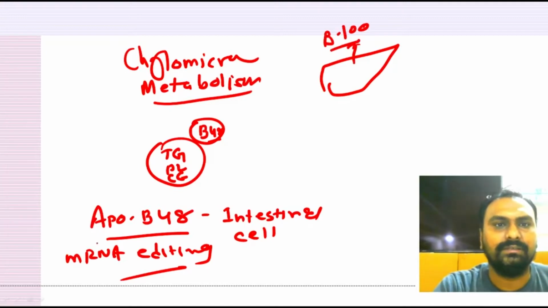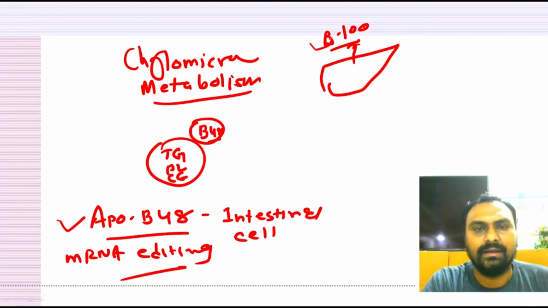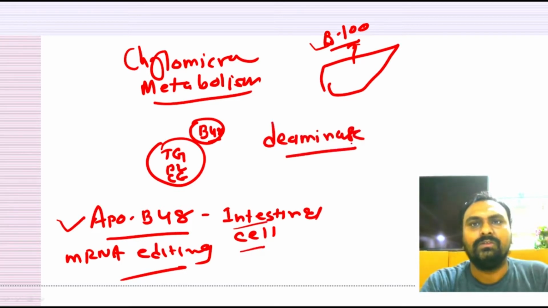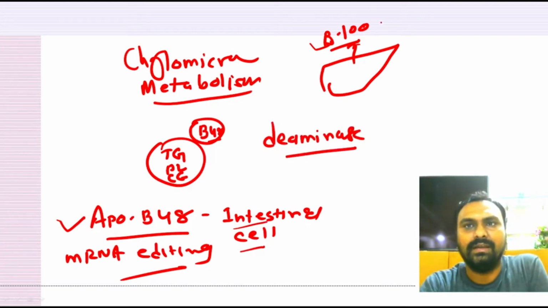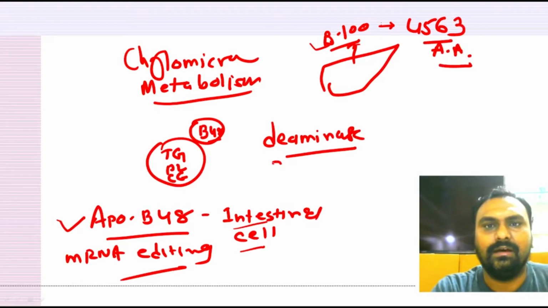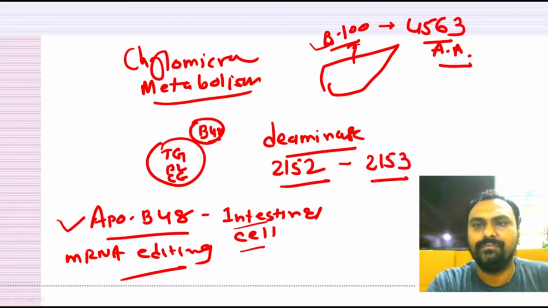The gene for the synthesis of ApoB48 is the same as ApoB100. But what happens in the intestine? There is a deaminase enzyme. This ApoB100 is made up of 4563 amino acids. In the intestine, up to 2152 amino acids are synthesized, and at the 2153rd amino acid, the codon is CAA.